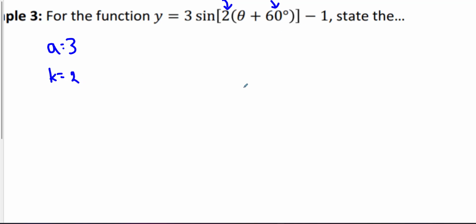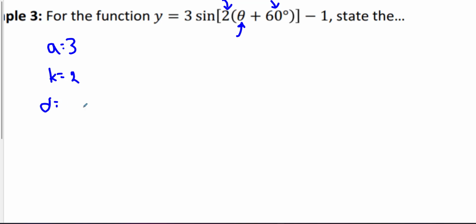The D value is the value inside the bracket that's adding or subtracting your unknown value. And in this case, instead of using X, now just so you know, we can use X. But when we're working with angles, usually we use the symbol theta. But you can also use X because it's just an unknown value. It doesn't really matter. We can use almost any symbol. But normally we like to use theta for angles.